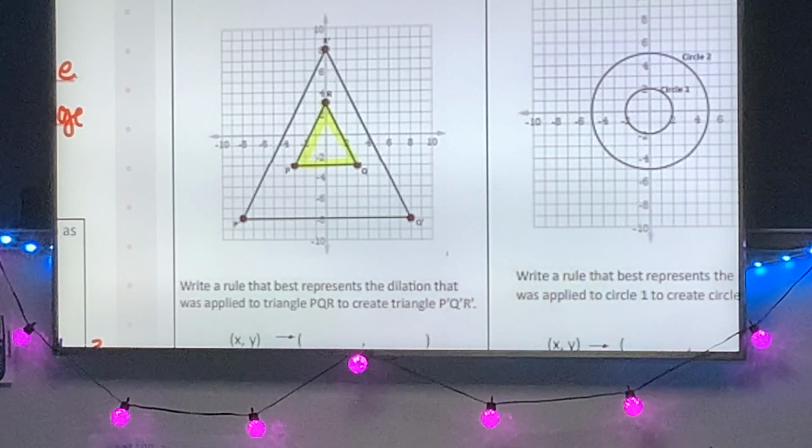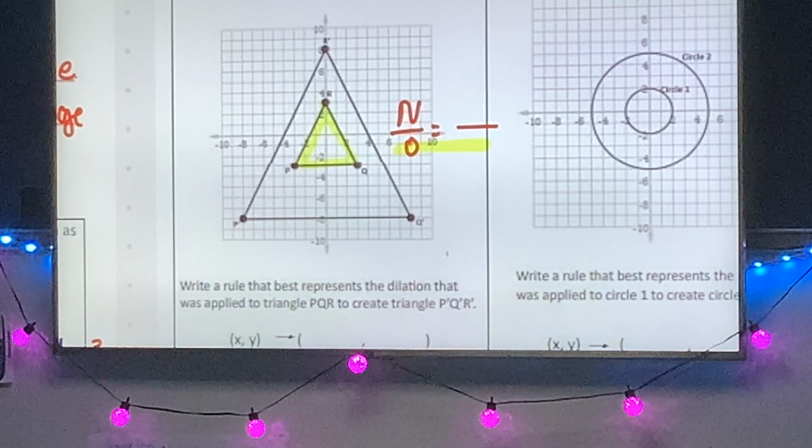So personally, with a triangle, I would pick the top one. It's right up there in the middle. I don't have to worry about when I go to an x-axis or a y-axis running into something else. I can just go like this. New over original. I always want to see new over original. And then you plug in your numbers.